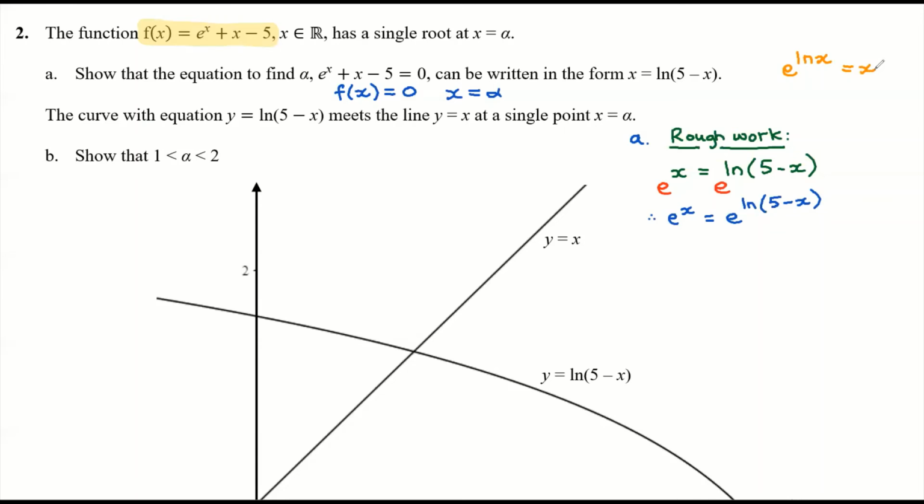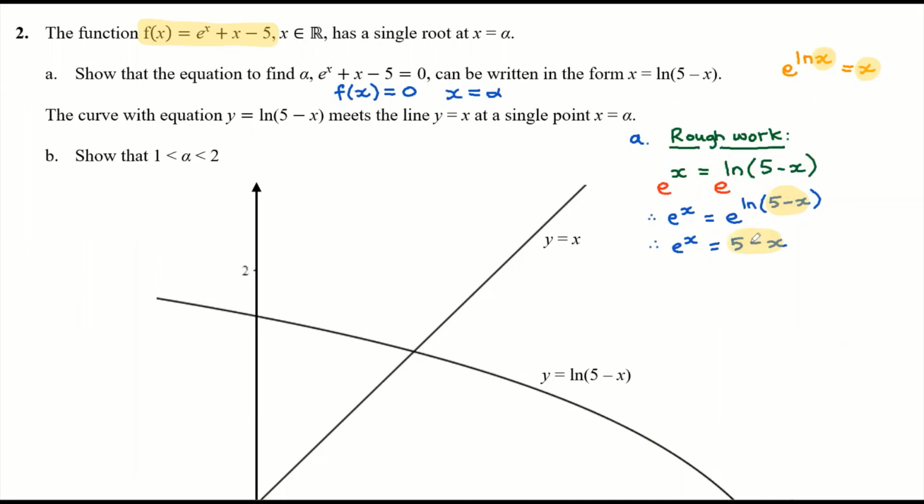So that simplifies, so therefore we're going to have e to the x is equal to 5 subtract x, because if you haven't spotted it, the 5 subtract x is your input, and when you have any input, e to the natural log of your input just returns your input. Okay, so that's just going to return us to the 5 subtract x right there. So that's a really good clue as to what to do.